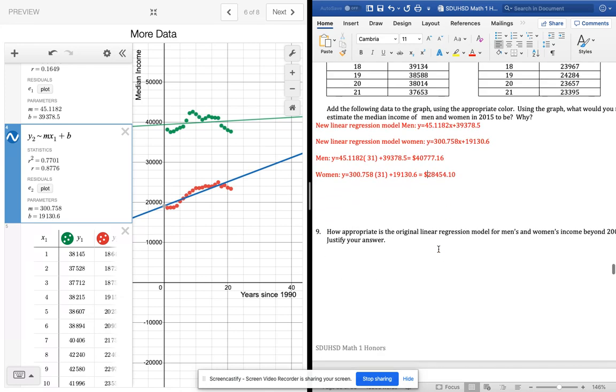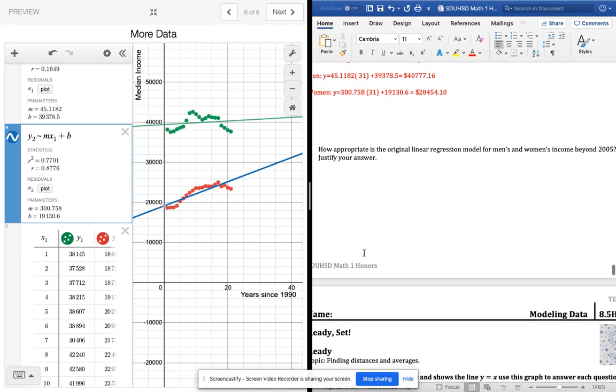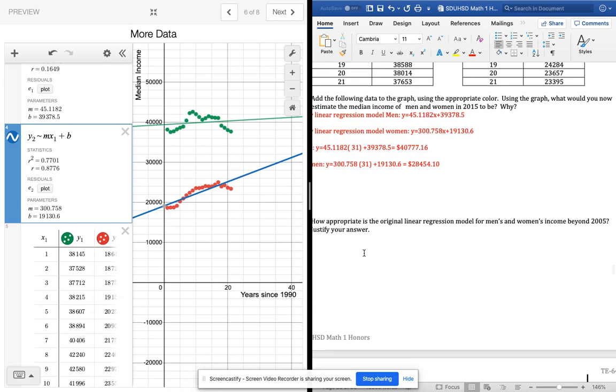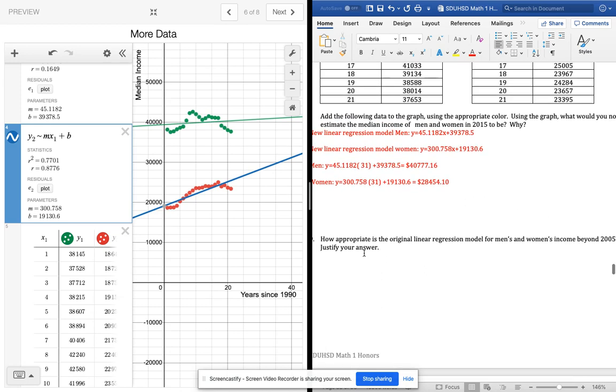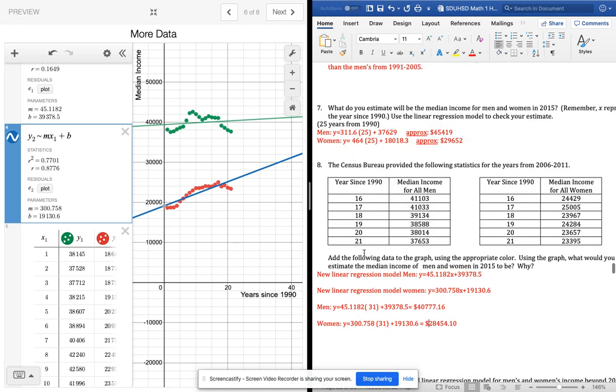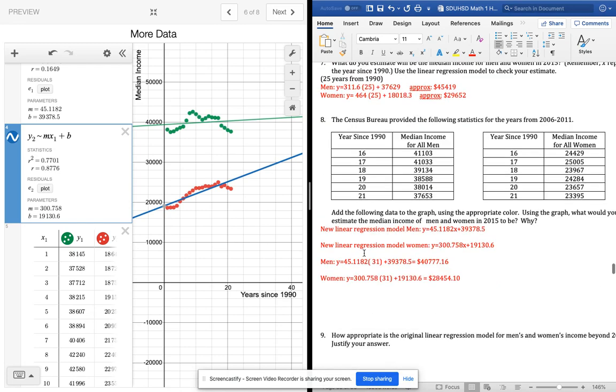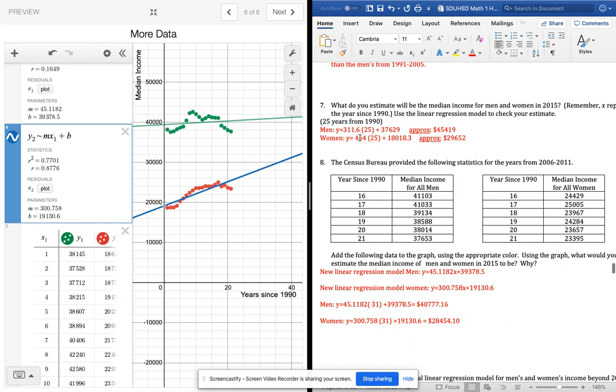It's interesting because it asks how appropriate the original linear regression model is for men's and women's income beyond 2015. To answer that, you could use the original equations and test them with these numbers. Instead of figuring out what it is in 2015, put in 17, then 18 and 19 instead of 25.